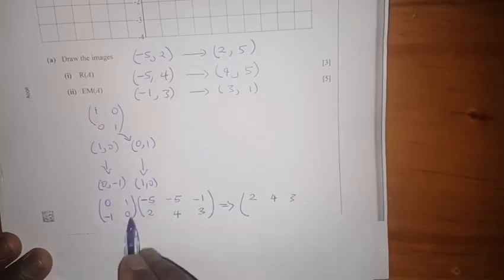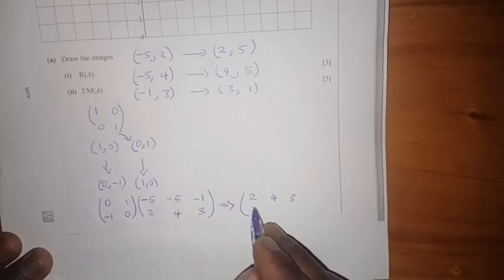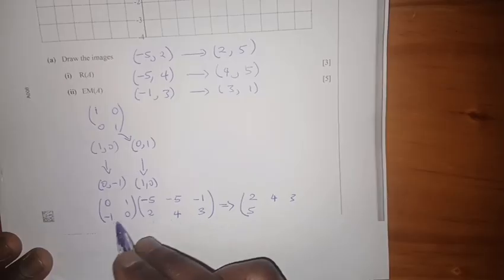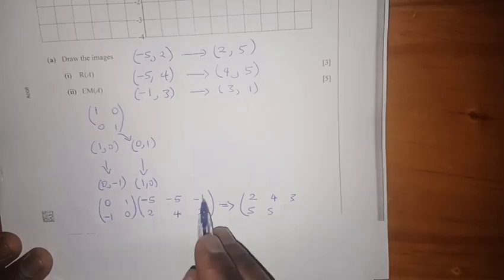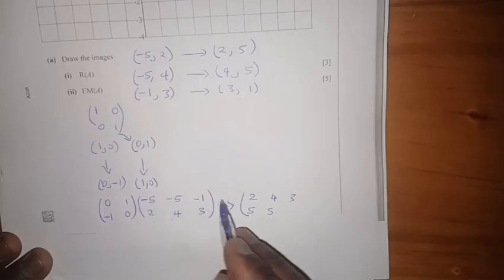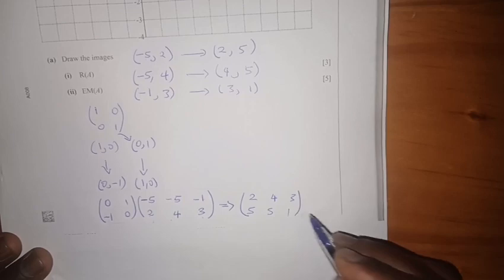And then the bottom one, negative 1 times negative 5, it's positive 5. Then 0 times 4, that's 0. So 5 plus 0 is just 5. Negative 1 times negative 1 plus 0 times 3, that's positive 1.